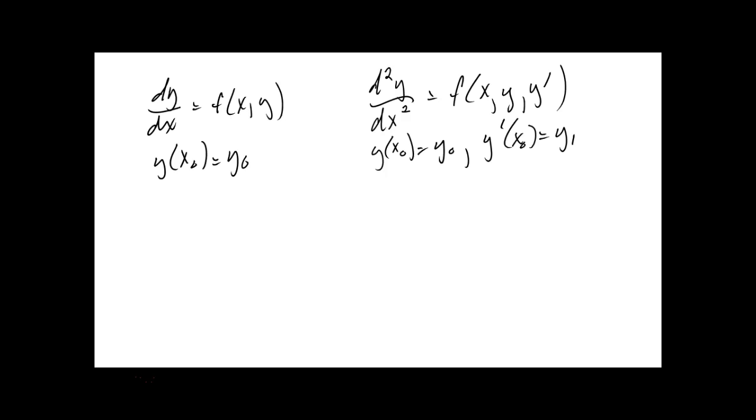Okay. So the first of these is a first order differential equation that has one initial condition. The second is a second order differential equation, and so therefore you have to have at least two initial conditions, one for y and one for y prime. Okay.